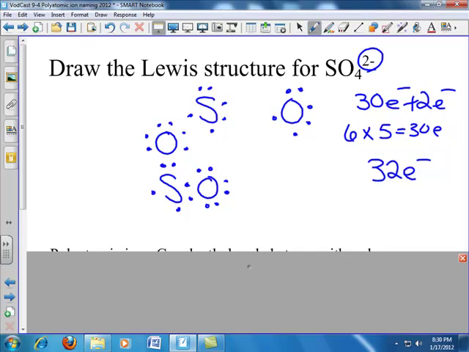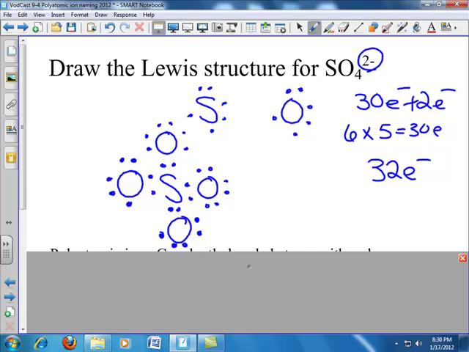And one of the things that you'll see is that this would be that coordinate covalent bond that we've talked about, where one atom is donating both electrons. Then I could put another oxygen over on this side, and it could share one of its electrons. Then you have 2, 3, 4, 5, 6. It's short one, but I won't deal with that right now. And then you can have another oxygen over here where it can share one of its electrons, and you go 2, 3, 4, 5, and 6.